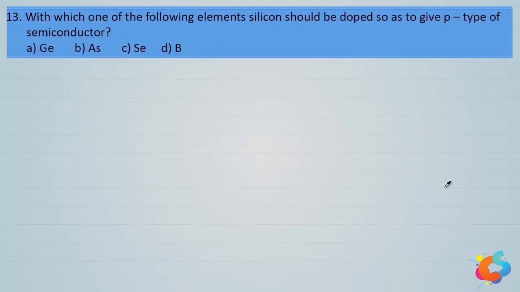The next question is, with which one of the following elements silicon should be doped so as to give p-type semiconductor? The given options are A. Germanium, B. Arsenic, C. Selenium, D. Boron.